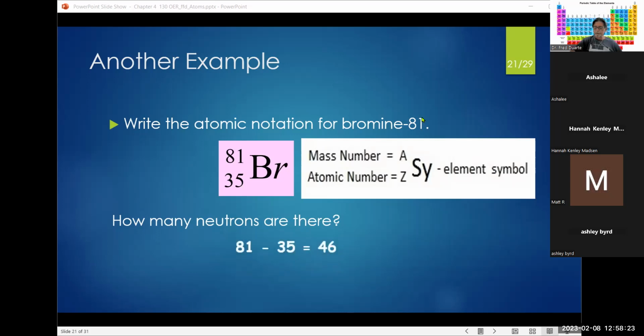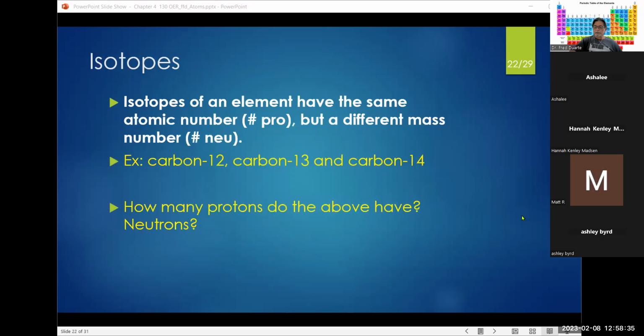And so here we have 46 neutrons for bromine 81 and 45 for bromine 80.